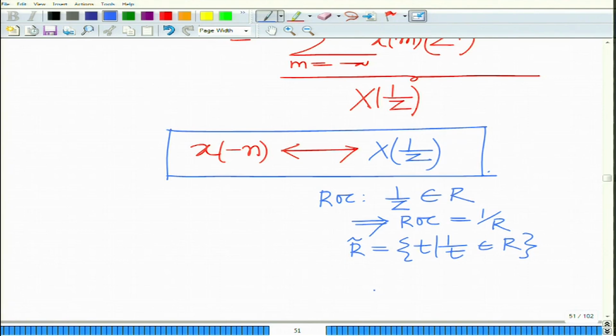Alright, so that is the Z transform of the time reversed signal x of minus n, which is capital X of 1 over z.